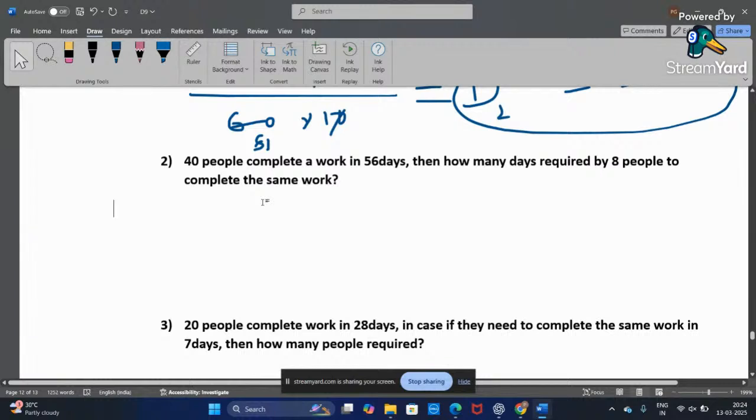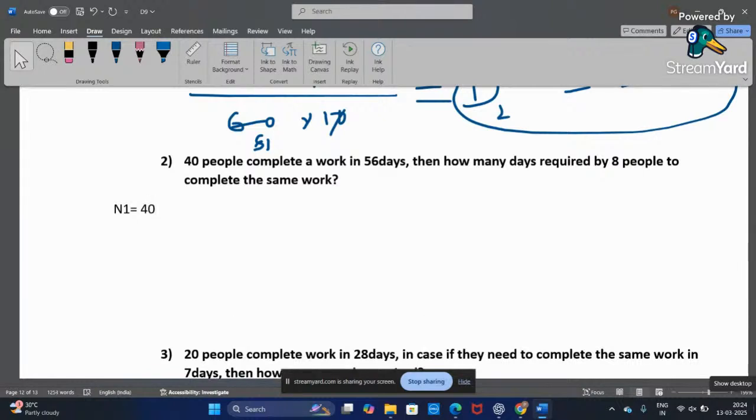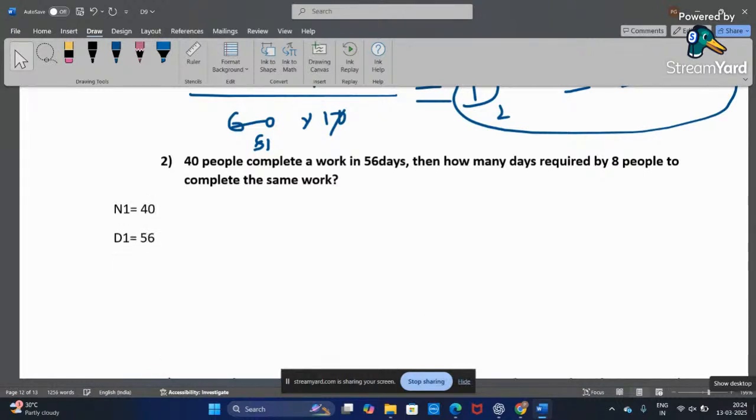Here I'll write it down. Here your N1 is 40. Your D1 is how much? It is 56. And N2 is 8. You need to find D2. Just substitute these values in the above equation. You'll get the answer.